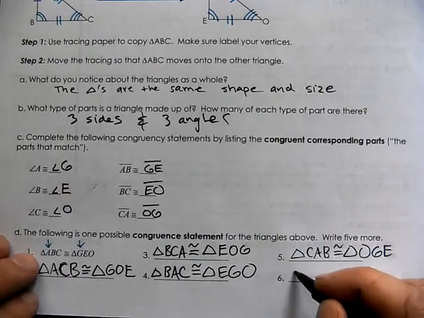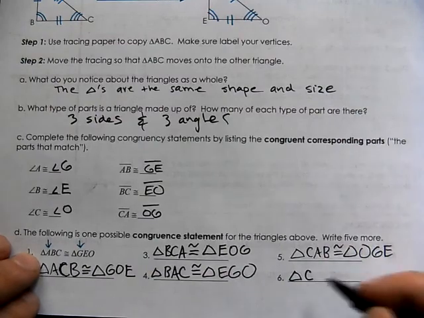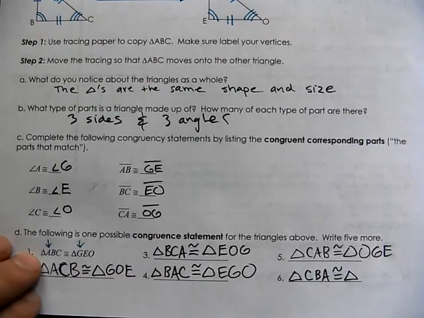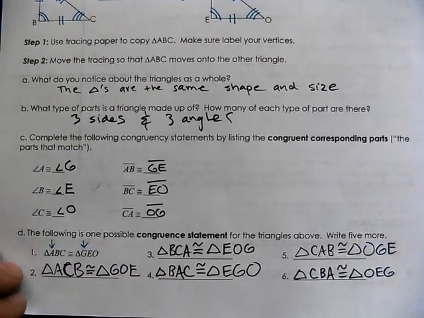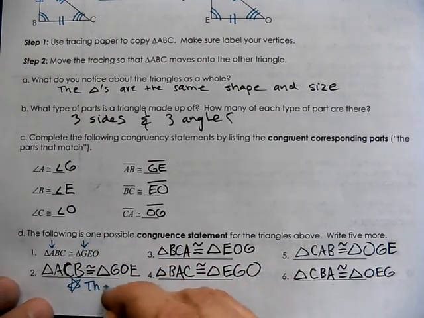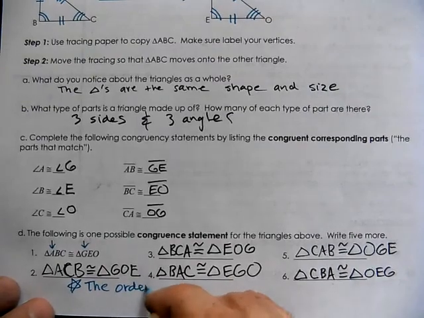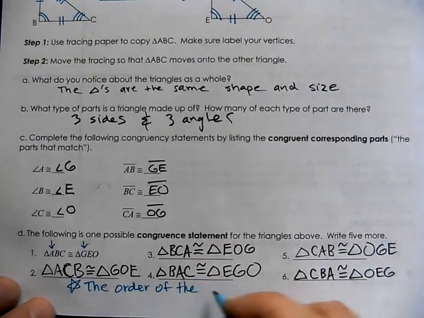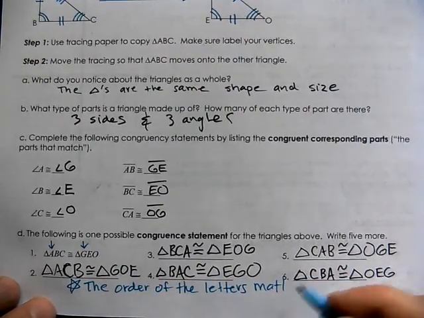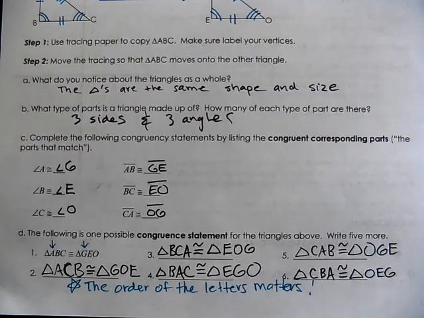And the last possibility is, what if we had gone clockwise around and called it triangle CBA? And that's congruent with triangle OEG. So the takeaway here is that the order matters, and we want to make sure that we match up those corresponding parts.